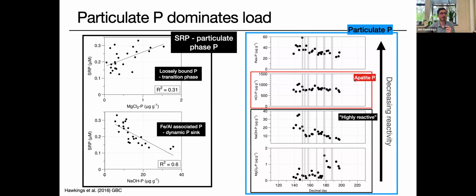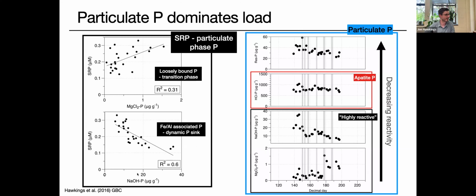And apatite phosphorus is 1,000 micrograms per gram. It's not super high. It's kind of what you would expect based on a mean bedrock composition for phosphorus. But the very interesting thing, particularly with these highly reactive fractions, is they seem to exchange with the dissolved pool. And to my knowledge, this hasn't really been demonstrated in too many places before.